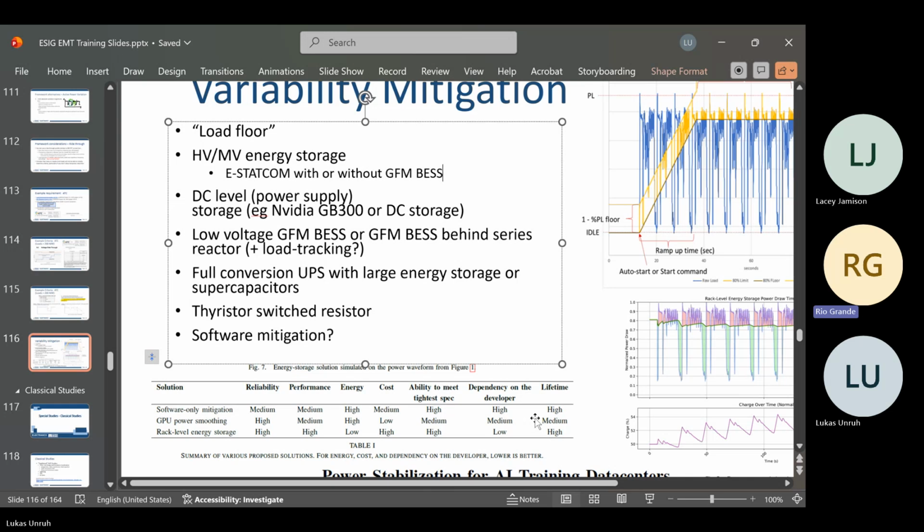So it's got the ability to store some amount of energy, and it's got a very high cycle lifetime. So it can do a huge number of cycles before there would be any sort of lifetime impact on that supercapacitor.